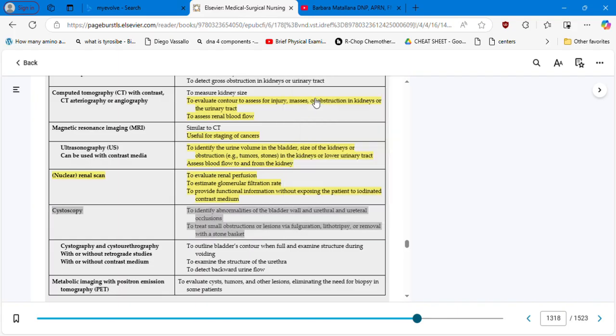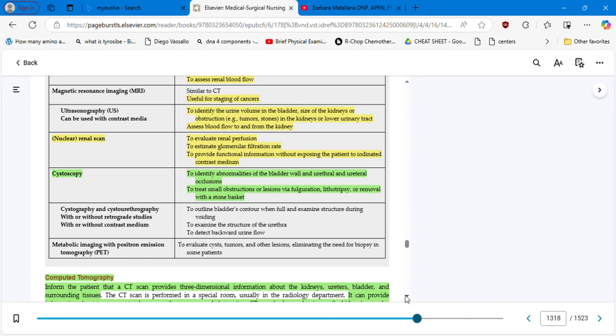This is the cystoscopy, cystography, and cystourethrography. Those are important, but the ones that I mentioned at the beginning are the most important that I want you to remember.